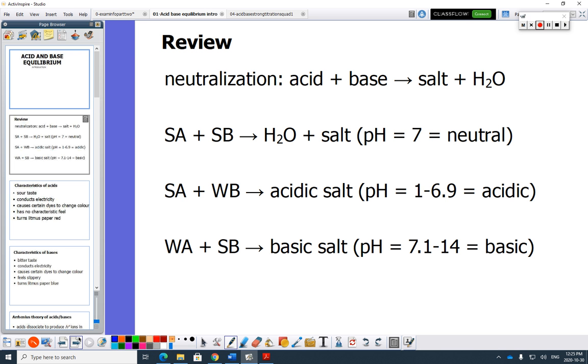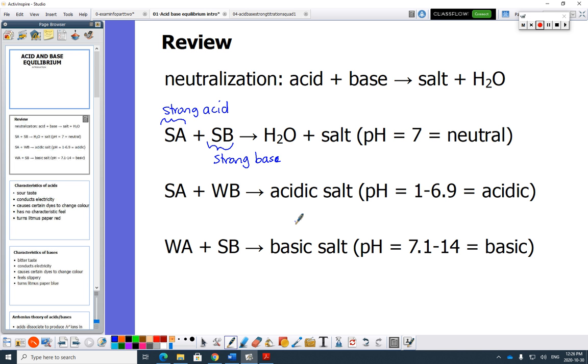So SA stands for strong acid. And SB for strong base. And that, when you react a strong acid with a strong base, you are going to get a perfectly neutral solution of salt and water.